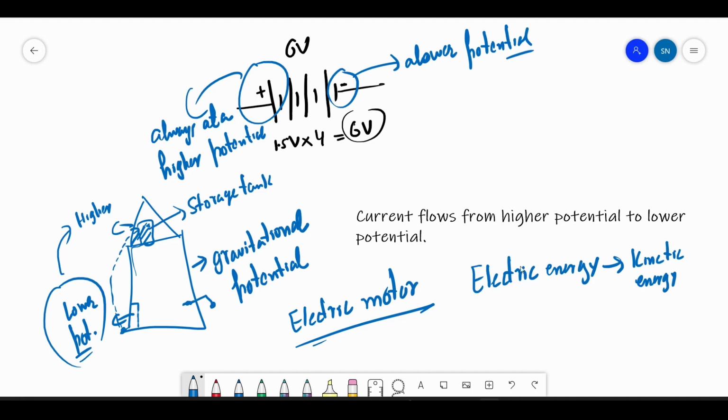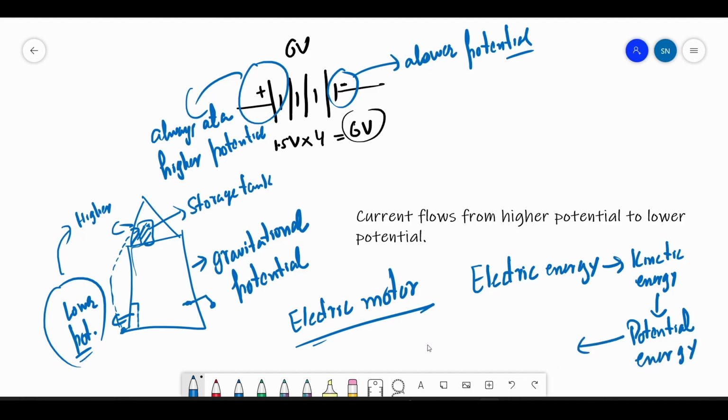So this electrical energy imparts kinetic energy to the water molecules, and they rise up and get stored in the storage tank. What kind of energy is that? Potential energy. That's not even my topic right now, but just to make you understand.